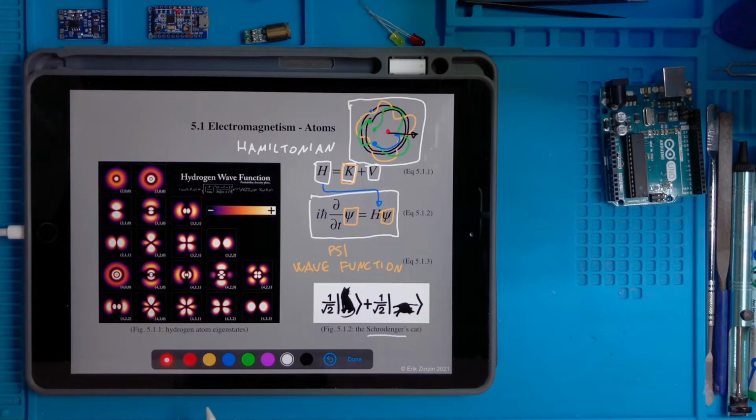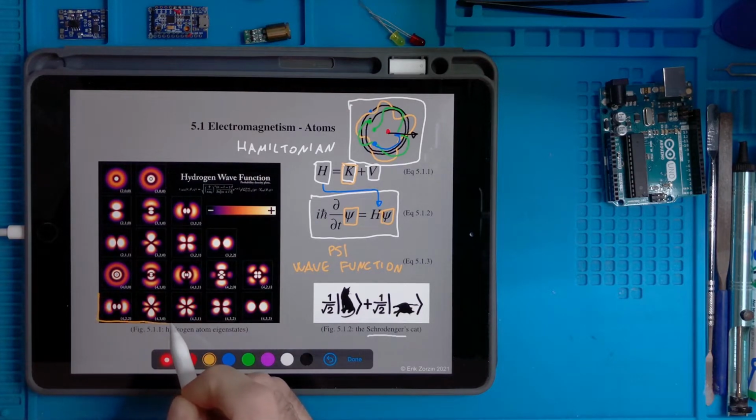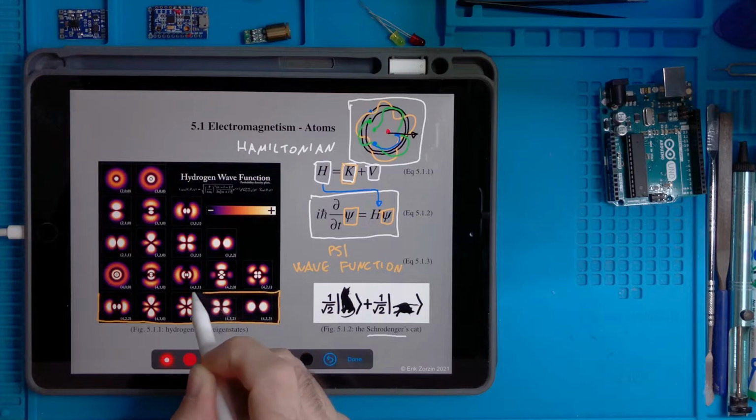We only need one piece of information. The piece of information we need is that those wave functions are organized also by energy.